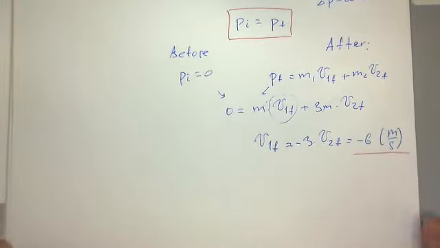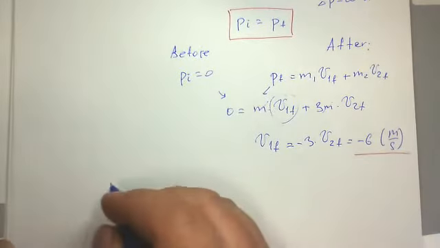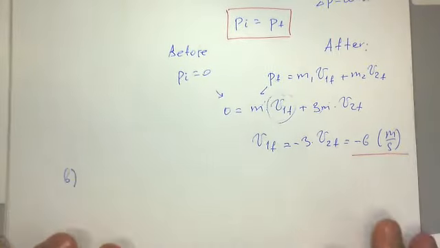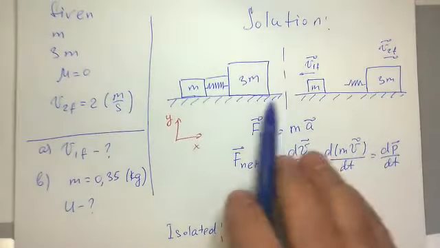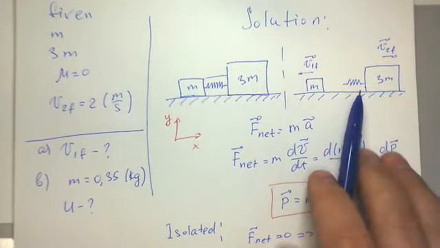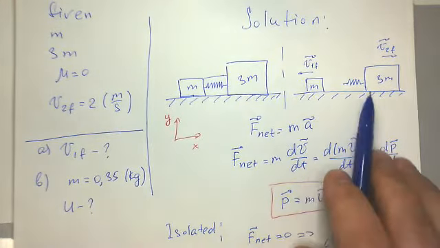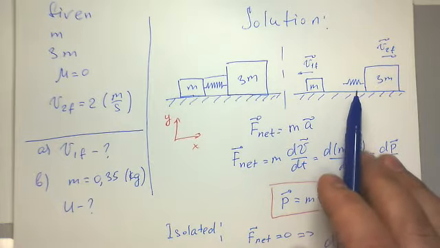Now we need to find the elastic potential energy stored in the system at the beginning. Since there is no friction in the system, the total mechanical energy of the system is conserved. Agree? So there is no change of the internal energy.